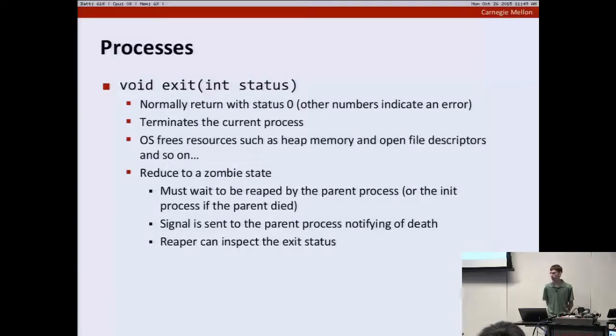The parent process can check what that exit code was, if it wants to do something based on it, and then reap it. Or if the parent has already died before the child, the base program that everything is a descendant of, which is called init, will handle reaping it, so that it doesn't just sit around forever. And when this happens, a signal is sent to the parent so that the parent can use that signal to know that it has something to check.